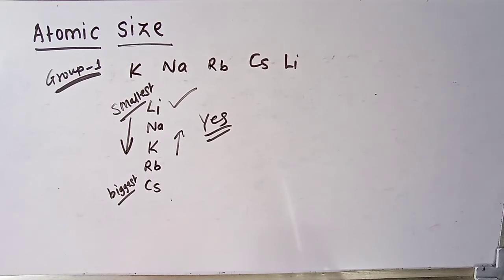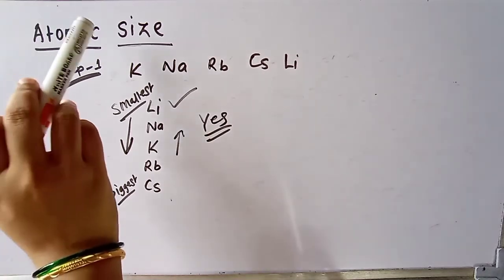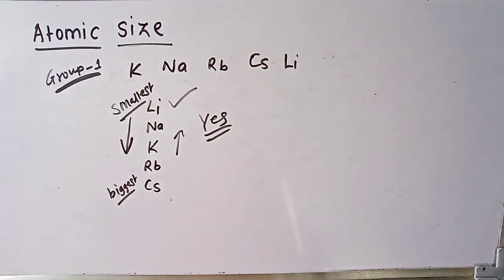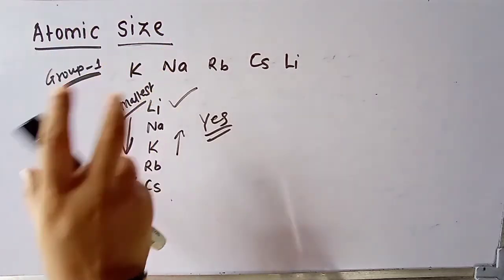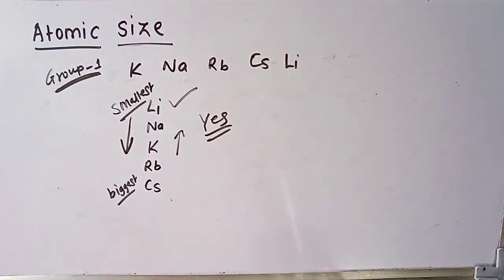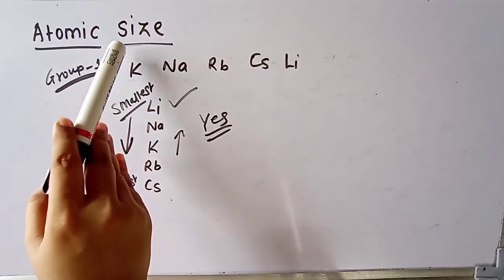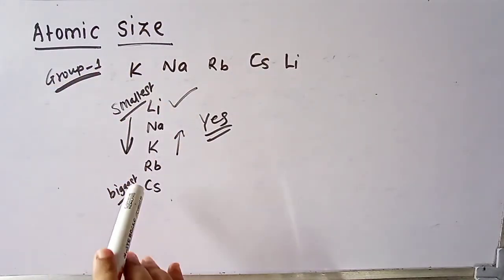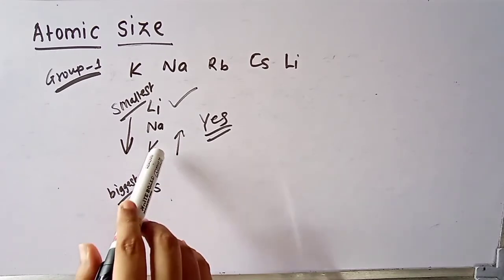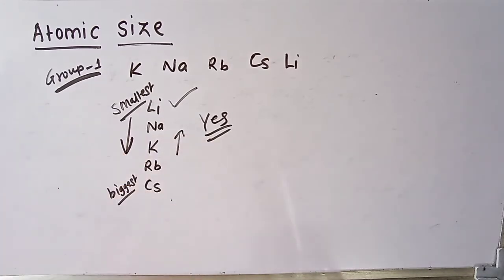So in today's lecture we have seen the periodic trend belonging to atomic size. We have seen what is happening in groups and periods. So in periods, while going left to right, atomic size goes on decreasing, while going down a group, atomic size goes on increasing.